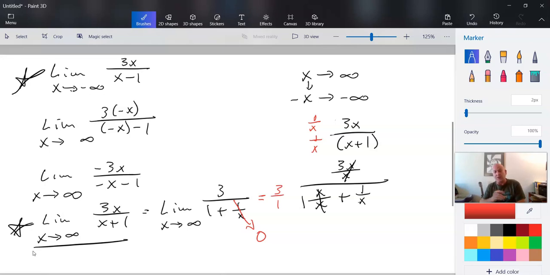Right? Keep in mind, those limits aren't always the same when you go to positive or negative infinity. Sometimes they switch. What really ends up mattering is whether or not the rational expression you're looking at turns out to be an odd or an even function, right?